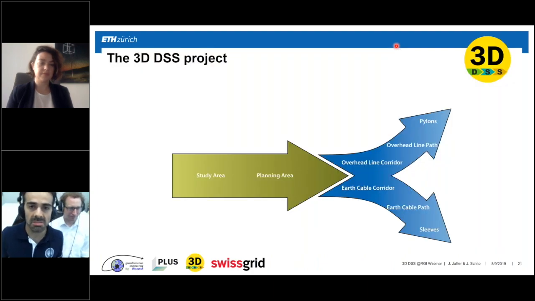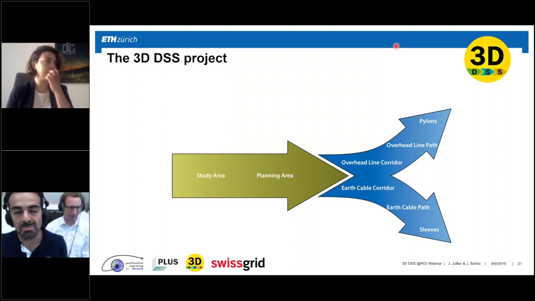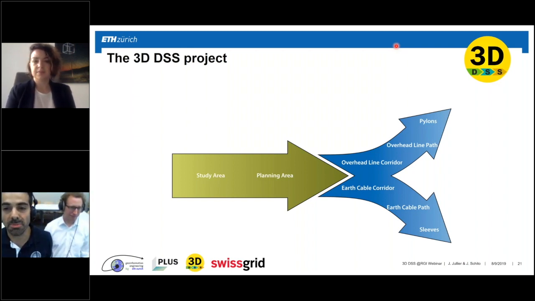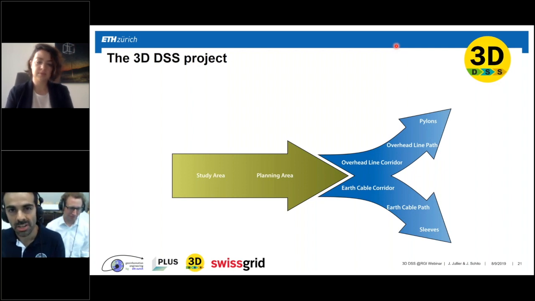Okay. So far, what exactly are we doing? If you plan, as you know, an overhead line or an earth cable, then you start with a very broad study area, and then you narrow down this area the longer the more. You go to the planning area, and then you have to decide what exactly you want to plan. Either you plan an overhead line or an earth cable.